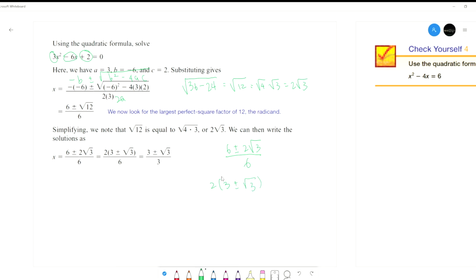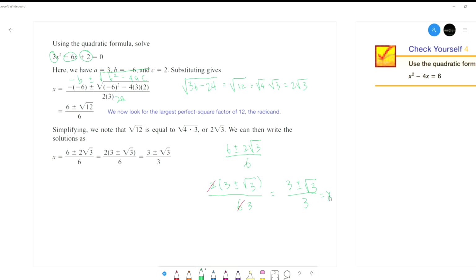If you did the distributive property, you would get 6 plus or minus 2 radical 3 over 6. And we have a common factor in the numerator and denominator, right? Divided by 2, you get a 1, divided by 2, you get a 3. So our final answer will be 3 plus or minus radical 3 over 3. And that's what our x's are equal to.